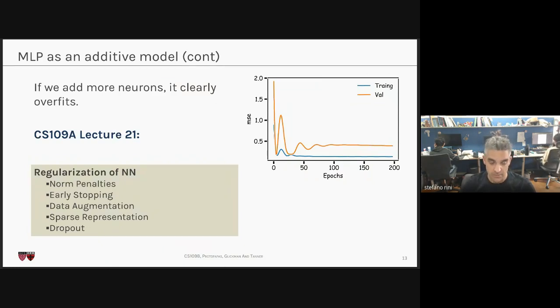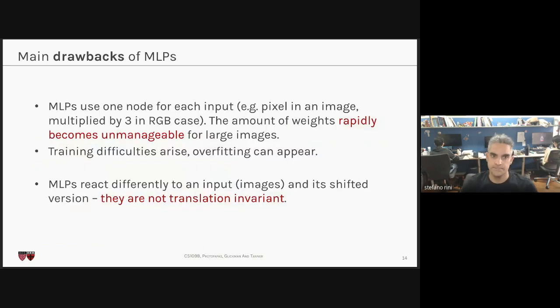Good. So remember the last time we discussed a few ways in which we can train a deep neural network. We said we can have norm penalties on the weights, we can do early stopping, we can do sparse representation, we can do dropout. And a few of these things, you already saw them in the challenge for this class. Some others you're going to see in the challenge for the next class. Basically, MLPs are very parameter intensive, okay?